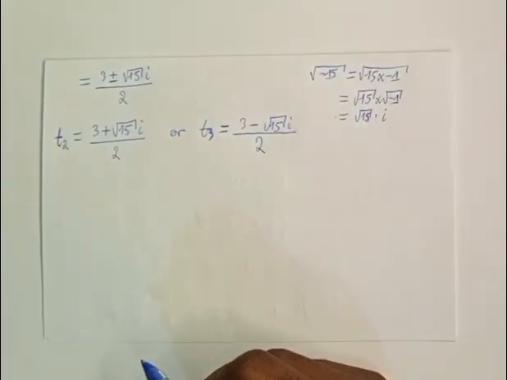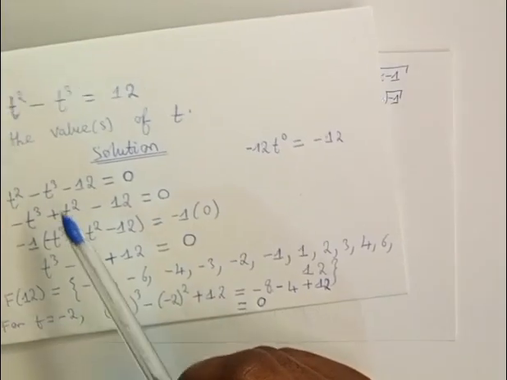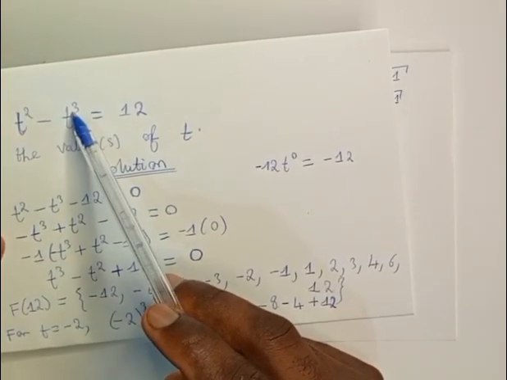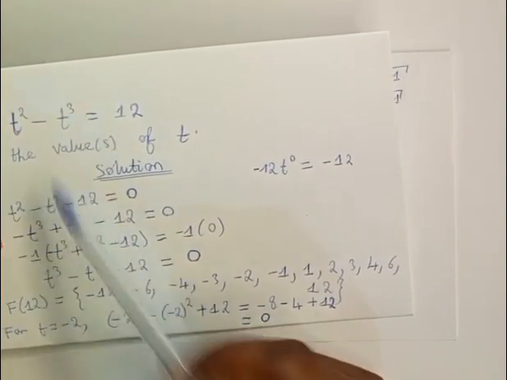You'll see that the polynomial has 3 solutions. The polynomial has 3 solutions because it is of degree 3. The highest power of the variable t is 3. That's why it has 3 solutions.